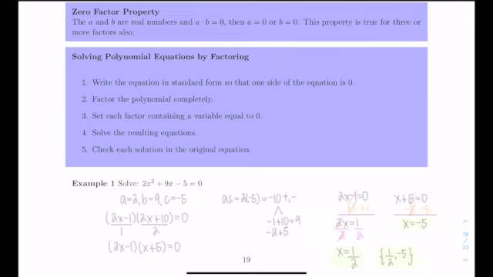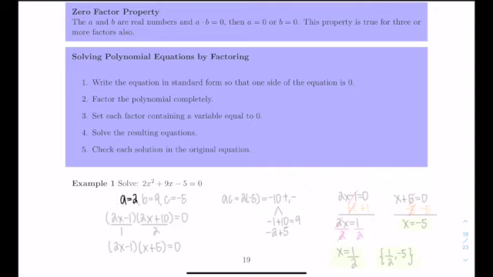2x squared plus 9x minus 5 equals 0. So the first thing is it's set equal to 0, which means we can now use that zero factor property. Looking at the left-hand side, we want to factor this. First thing is to look for a GCF, which we don't have. So we can go ahead and skip to using the Berry method.